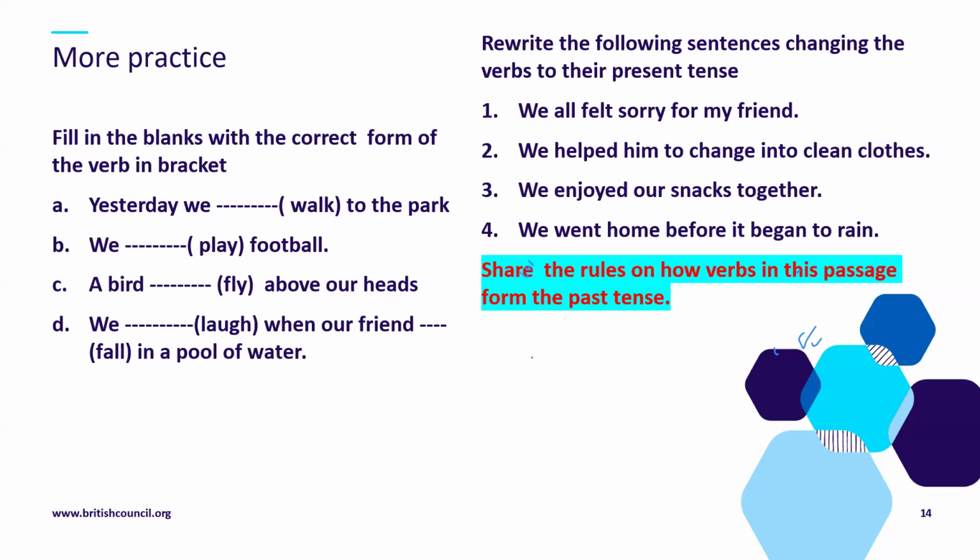So, from this exercise then, we are able to come up with rules on how verbs in this passage have changed or have inflected for past tense. We can categorically say that. So, whatever we have gone through from the language in context where we started to where we are now, we have now come up with a rule.